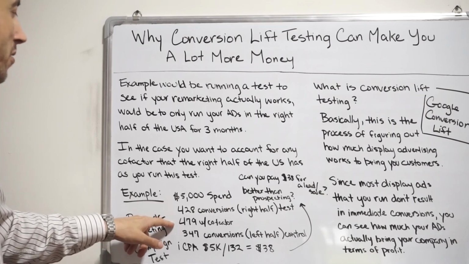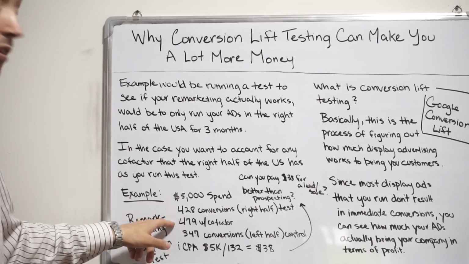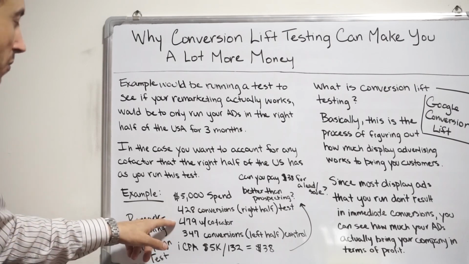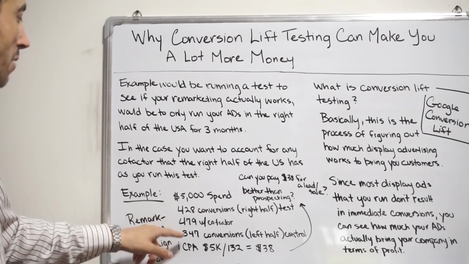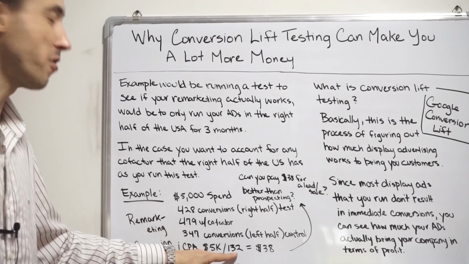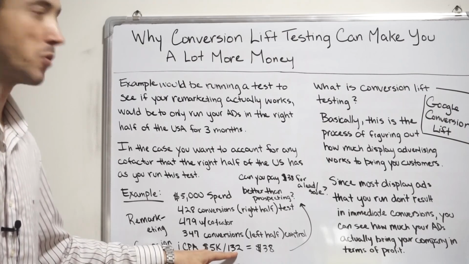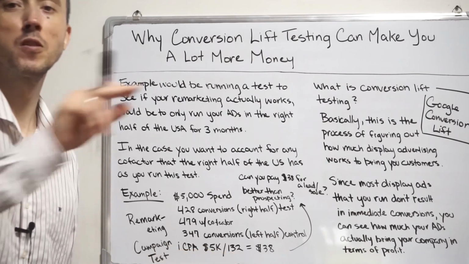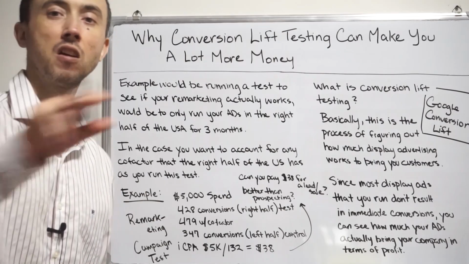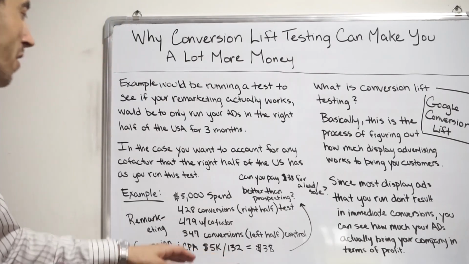So we had 479 conversions in the right half realistically after the correction, if you will. 479 minus 347 conversions in the left half of the country leaves us with 132 conversion difference between the right half of the country versus the left half of the country. Again, right half with the remarketing running on it, the left half without remarketing running on it.